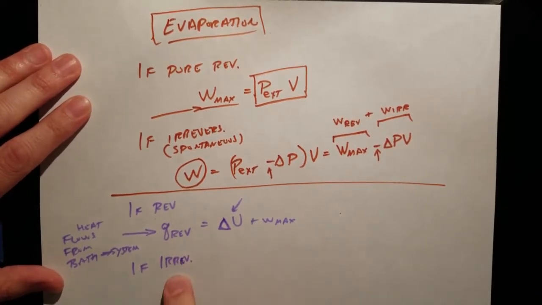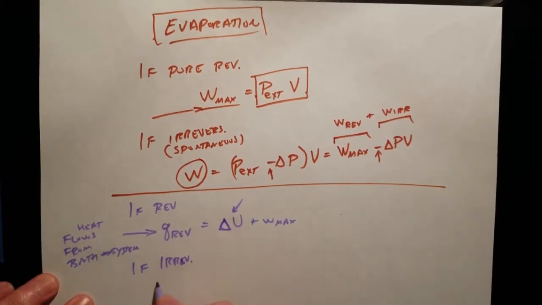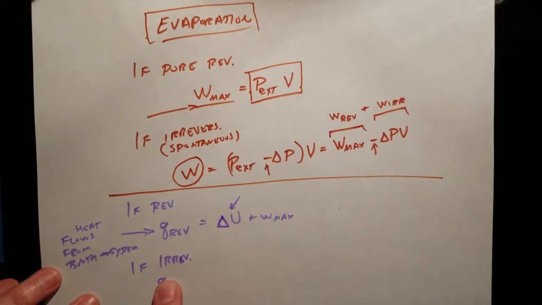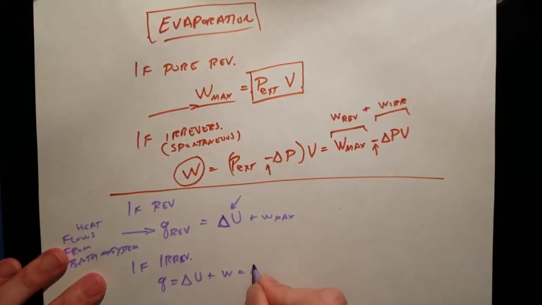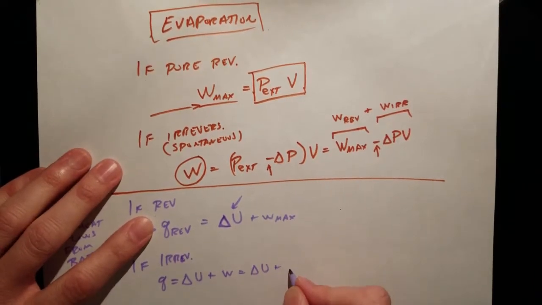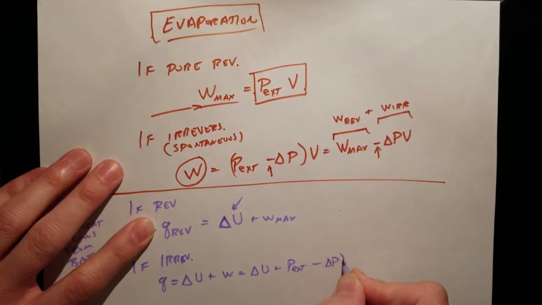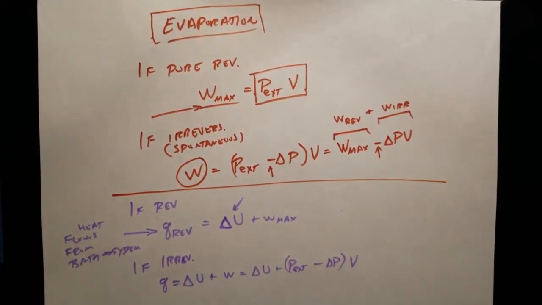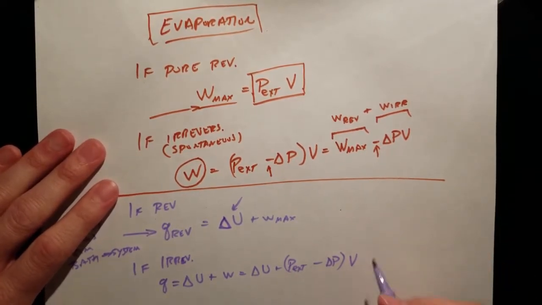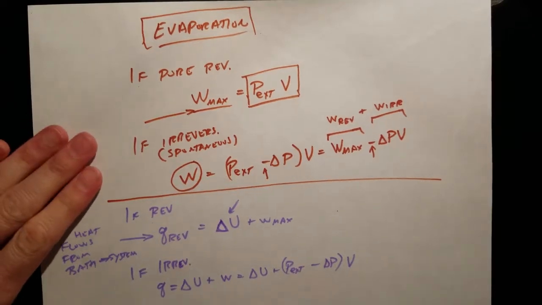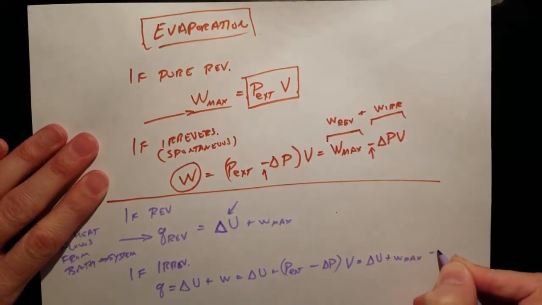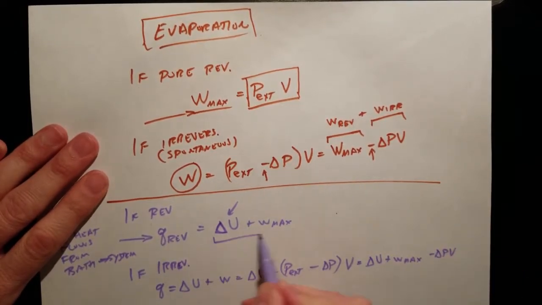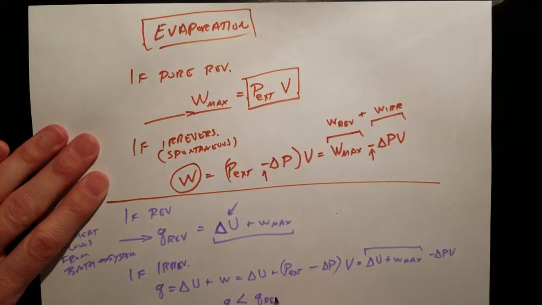If it's irreversible, then we have Q, the heat that flows from the bath into the system, equal to delta U plus W, which is equal to delta U plus (P_EXT minus delta P) V. So the important thing here is that this is equal to delta U plus W max minus delta P V. So that and that are the same, which means that Q is less than Q reversible.